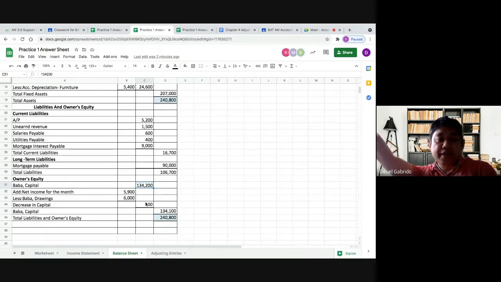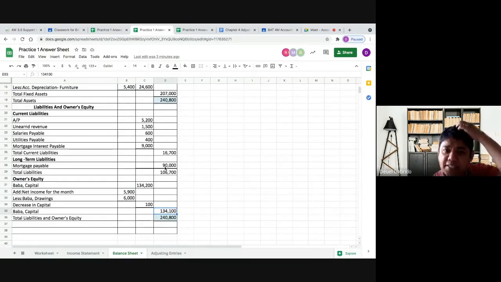To get the ending capital, I subtract 100 from 134,200 and got $134,100 here. The capital decreased because the drawings are bigger than the income. Now, to get the total liabilities and owner's equity, I added 106,700 plus 134,100. The sum is 240,800, which is the same as your total assets. Remember, A equals L plus OE, right?